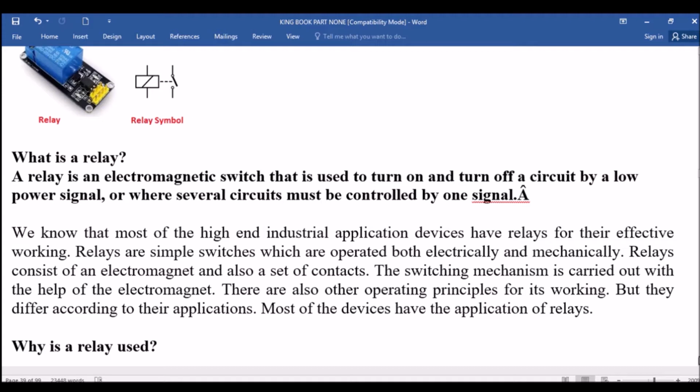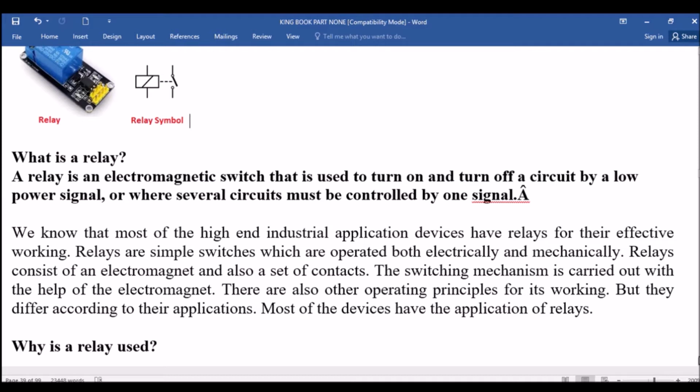A relay is an electromagnetic switch that is used to turn a circuit on and off by a power signal, or where several circuits must be controlled by one signal.